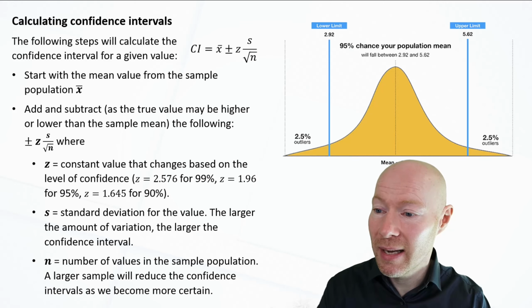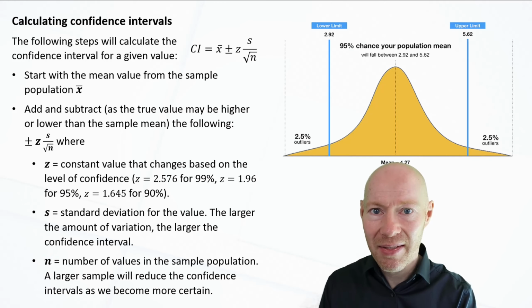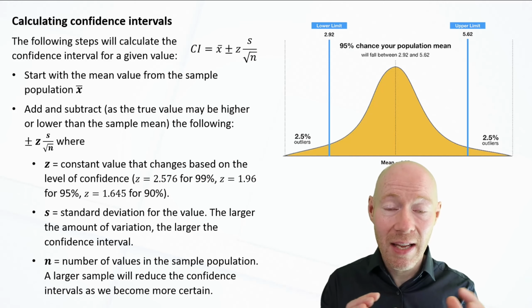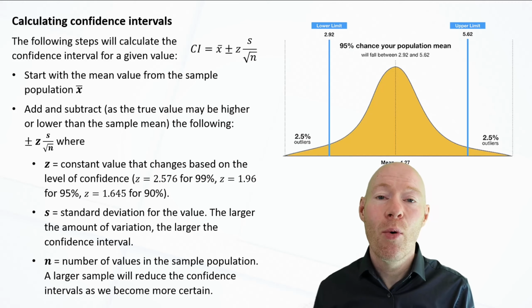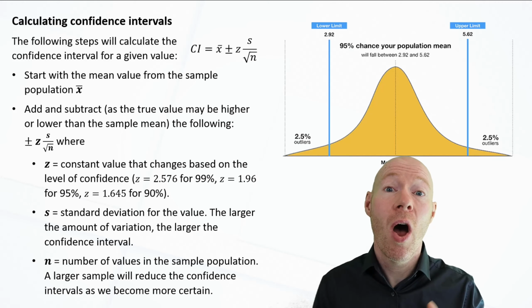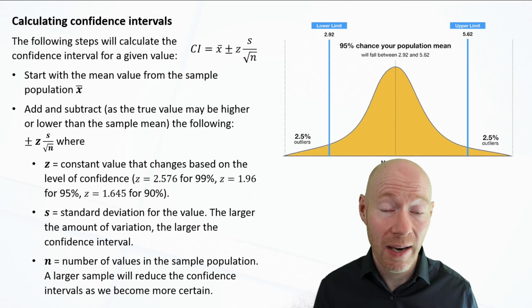And the last bit is when we are dividing by the square root of the number of values. Again, this also makes sense because this will act to make the interval smaller. The more values we have inside our sample, the more confident we can become that it is reflective of the true population.